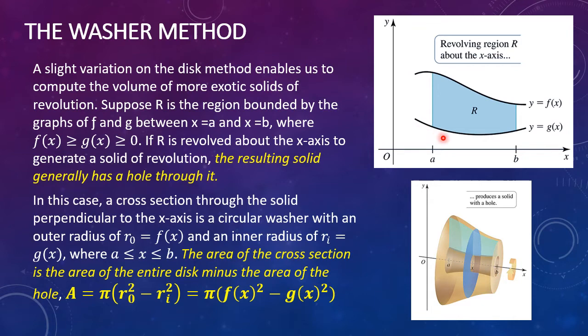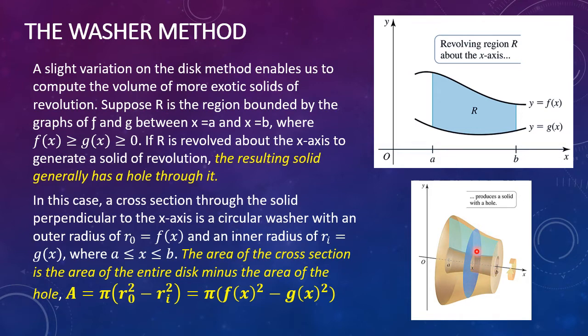So in this case, a cross-section through the solid perpendicular to the x-axis is a circular washer. So we still have a circle, but it has an outer radius of r sub 0, which is f of x, and an inner radius, which is close to the center, of g of x, where a is less than or equal to x is less than or equal to b over that area. So we can see here that the area of the cross section is equal to the area of the entire disk minus the area of the hole.